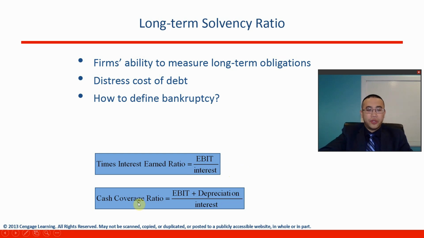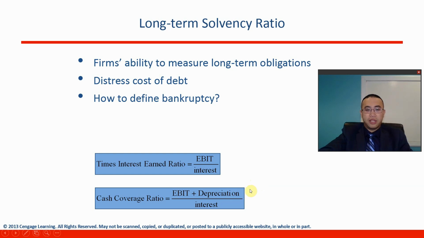You also have another ratio called cash coverage ratio, which is just a little adjustment from the EBIT. You add depreciation to the EBIT. The reason is that EBIT is after depreciation is deducted from sales, and depreciation is a non-cash item. If you add depreciation back, you basically cancel out the depreciation from your profit calculation.